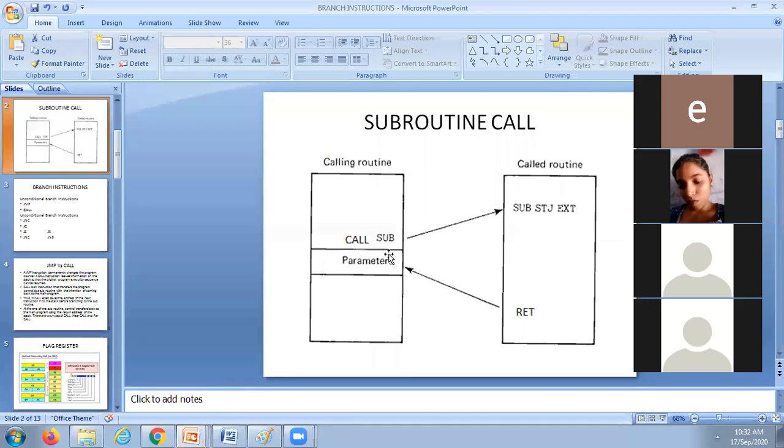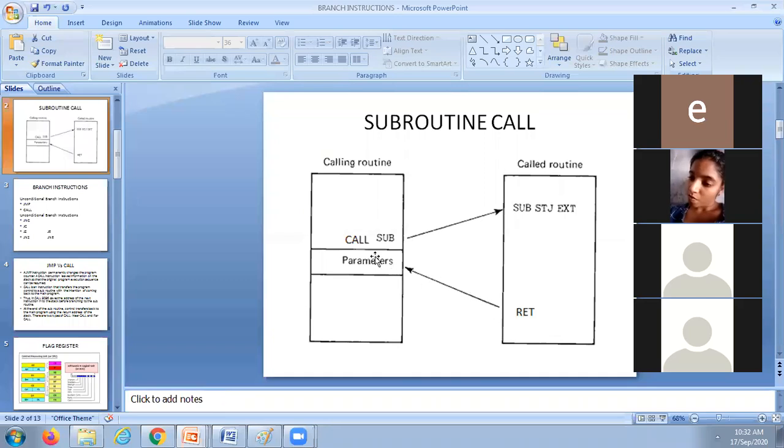The status you pushed onto the stack while the control was transferred from the main program to the subprogram, the same content you pop when you find a return statement.